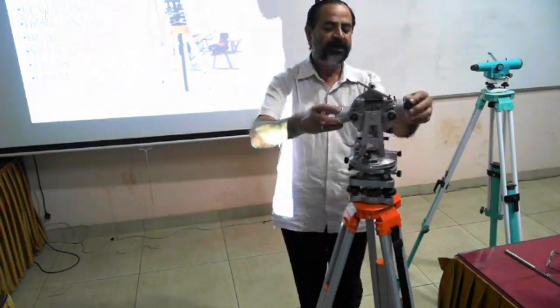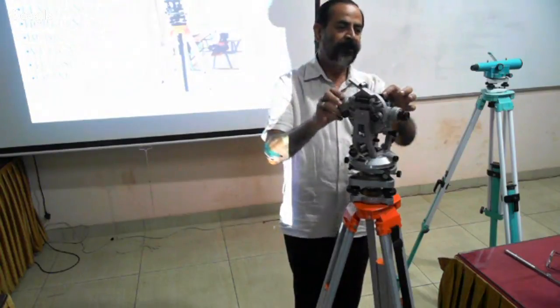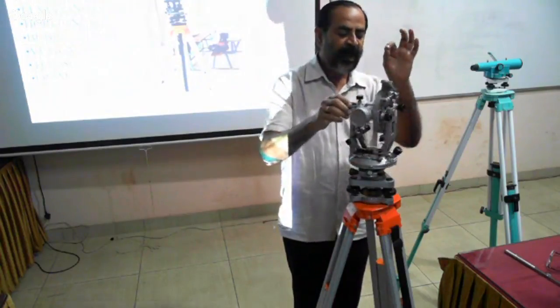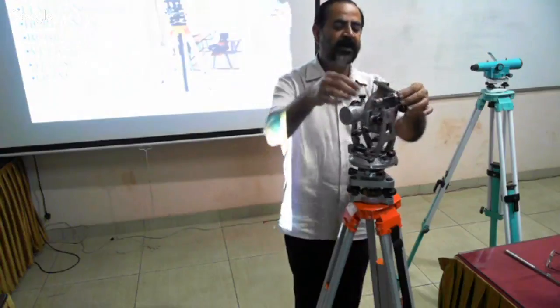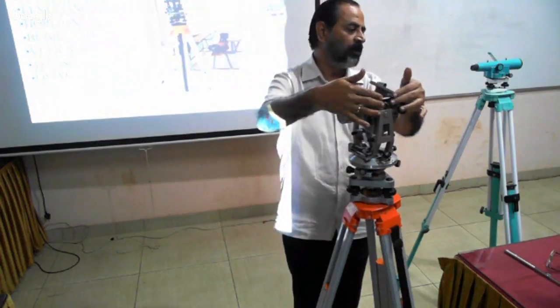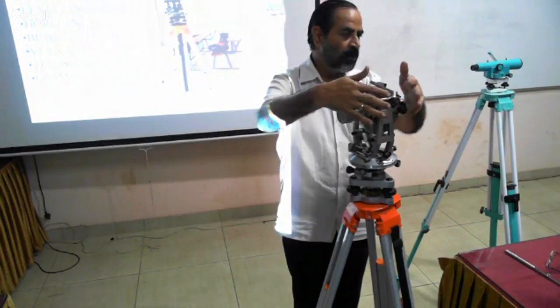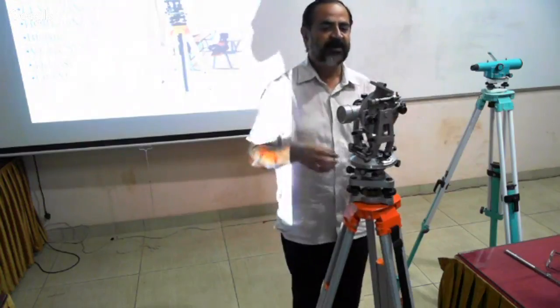And we have this called the telescope. These are the main parts, and also we have the bubble tube, the level tube, to make it more precise. Do you know the function of the bubble tube?